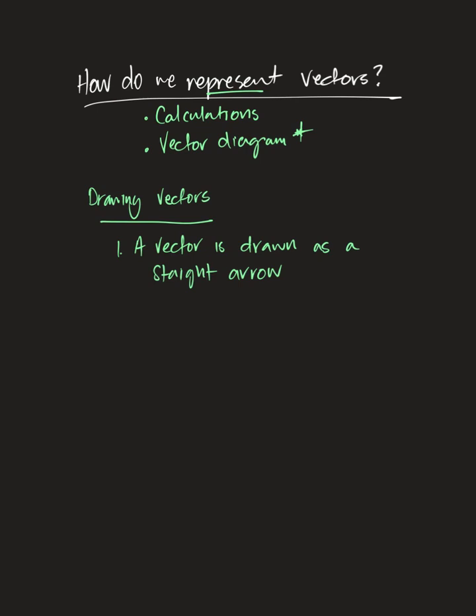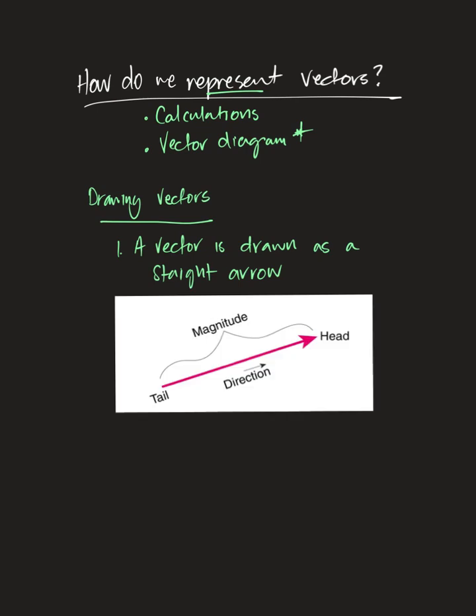If I'm looking at a vector that is drawn as a straight arrow, there are different things that that vector will represent. So if I had to look at a picture of a vector, 1 second. Right, this is what a vector would look like. And like I said, a vector is drawn as a straight arrow. And let's see what we mean by what's happening on this arrow.